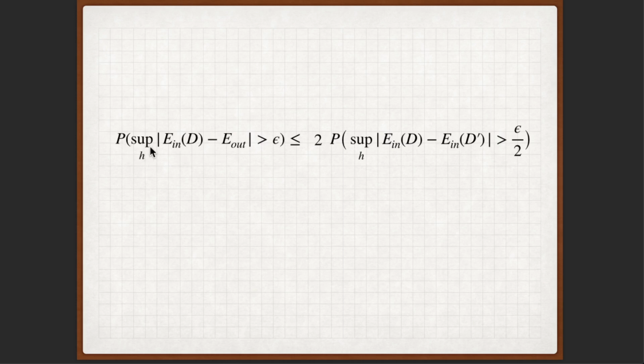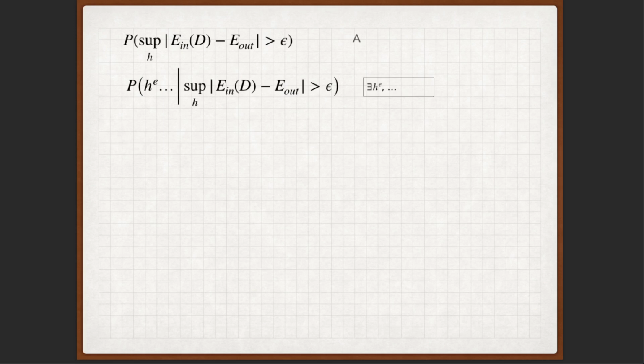So the maximum value over all hypotheses in the family of the differences. We will bound this probability using another probability, which we refer to as the difference between two different in-sample errors, also of the maximum difference of the hypothesis in the family.